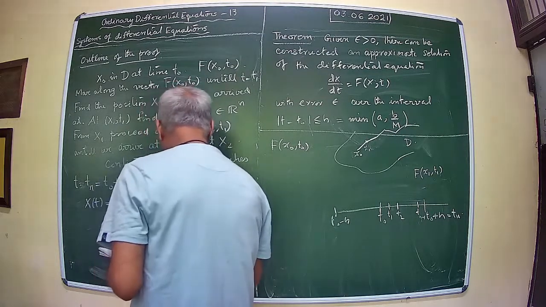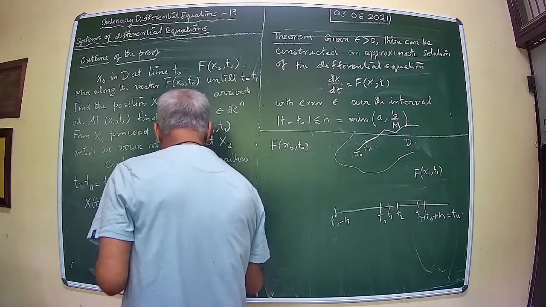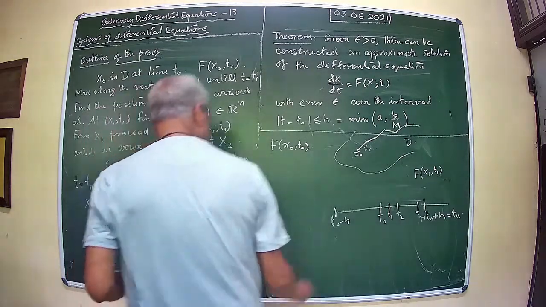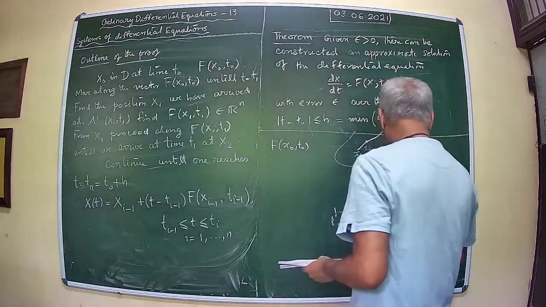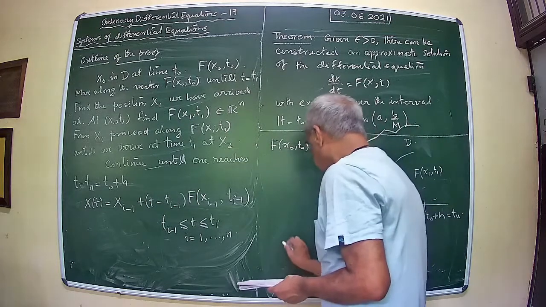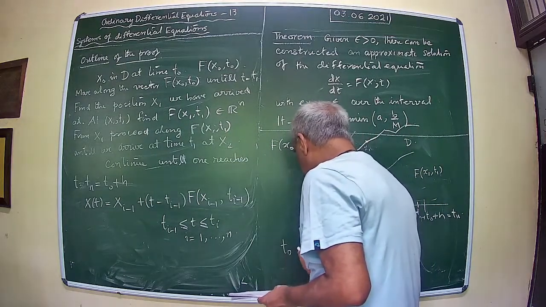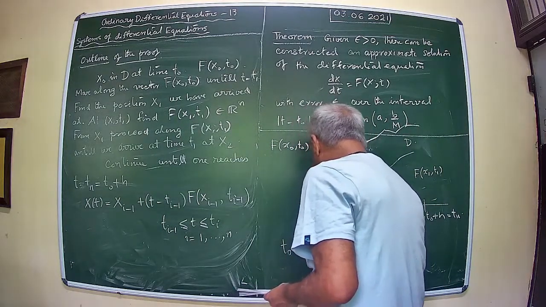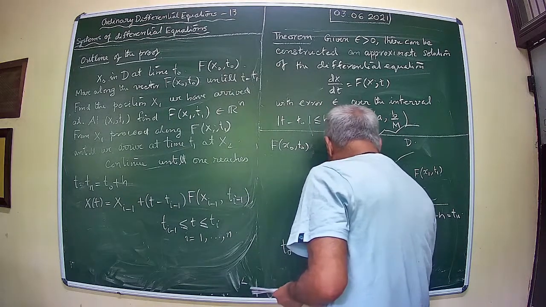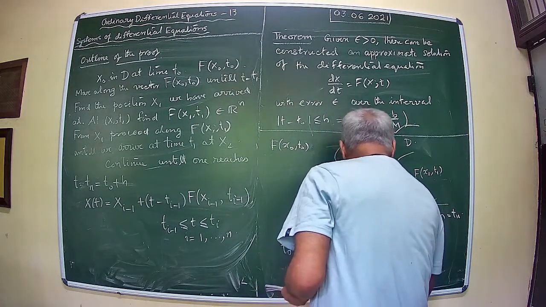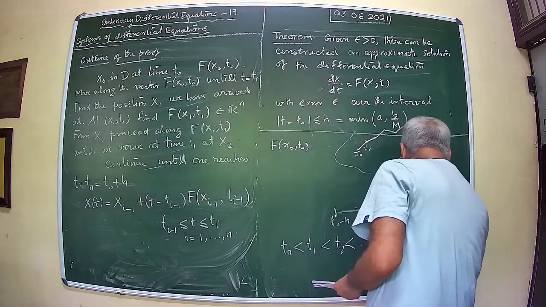i equal to 1 up to n. So what you have obtained is a partition of the interval, t naught less than t1 less than t2 and so on up to t n, which is equal to t naught plus h.